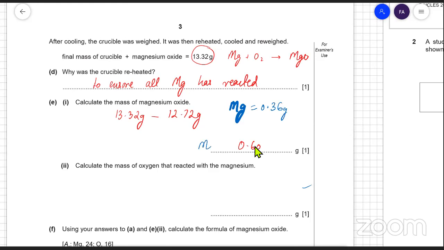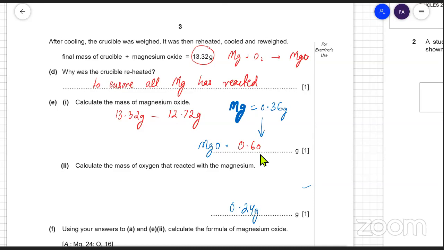The mass of magnesium oxide has now been found out. It's coming out to be 0.60 grams. That indicates that there is a difference, which means that oxygen has been added. You have the mass of magnesium and the mass of magnesium oxide, so the increase in mass is because of the extra oxygen that has been added. So it's 0.36 and 0.6. What's the difference? The difference is 0.24 grams.